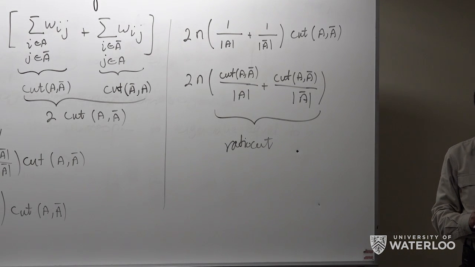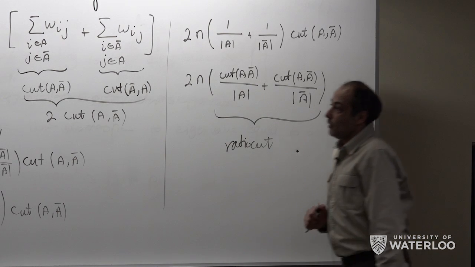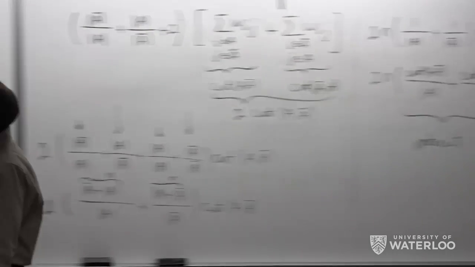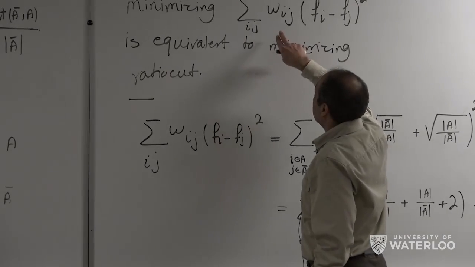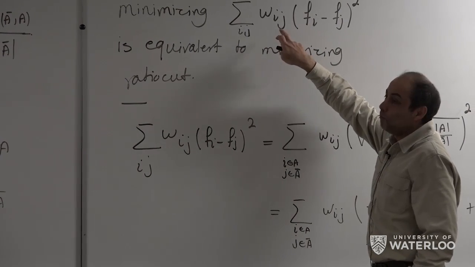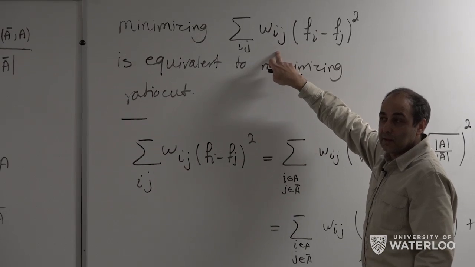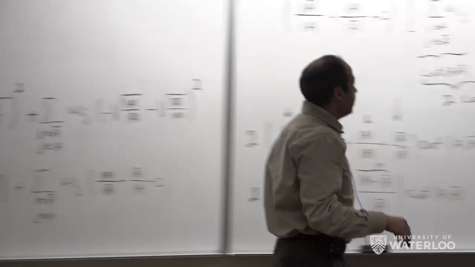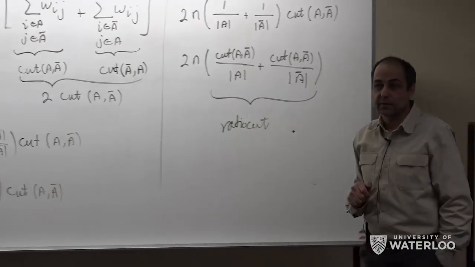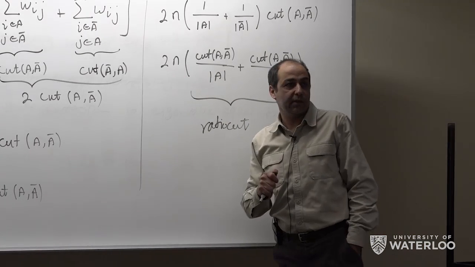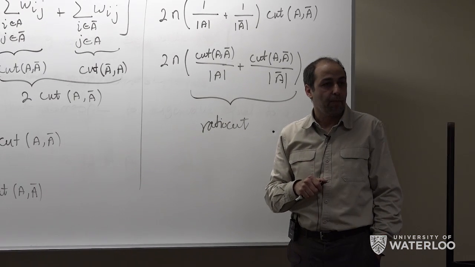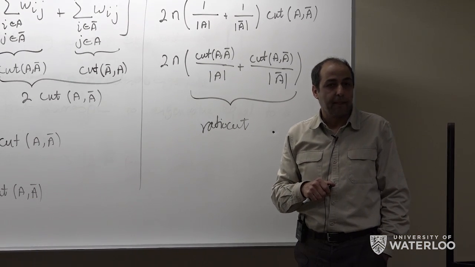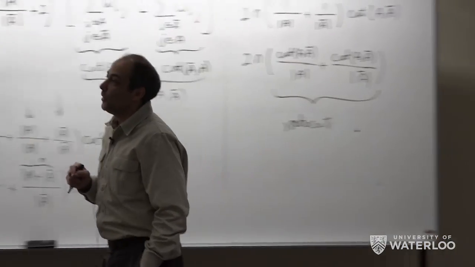Okay. So the claim is proved now. If I minimize this, it's equivalent to minimizing ratio cut, because this 2N has no effect on the minimum, right? So we decided to minimize ratio cut.